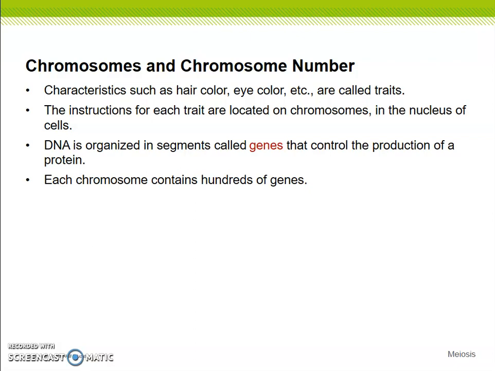The DNA inside the nucleus is organized within those chromosomes in segments called genes that control the production of a specific protein. Those proteins are what we can see and what give us our traits. Each chromosome in the nucleus contains hundreds of genes. So you have lots and lots of genes inside your cells.